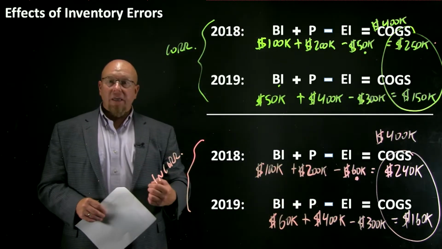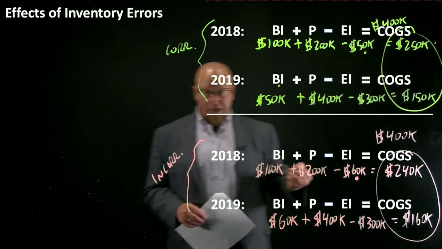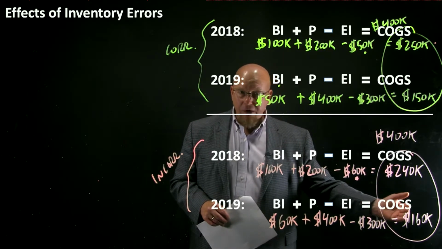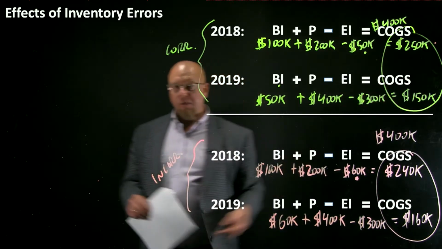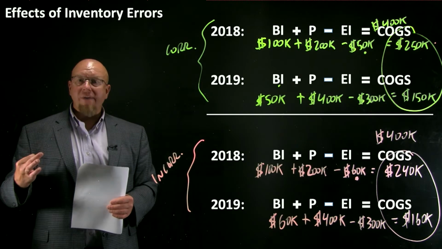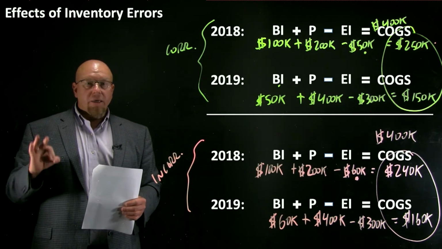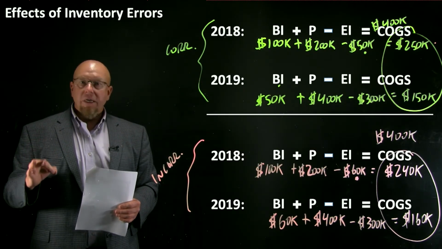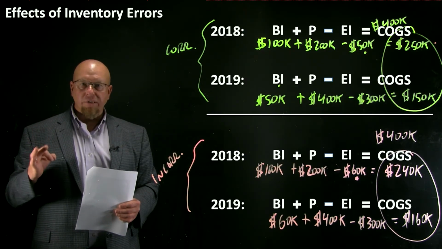In 2019, that $10,000 error comes home to roost, and we see that not only will cost of goods sold be higher than it should have been by 10,000, we're talking about the 160 instead of the 150. That means for 2019, our gross profit will be understated and our net income will be understated. So you can see that an error in the inventory accounts can certainly impact the reported operational performance of a company.